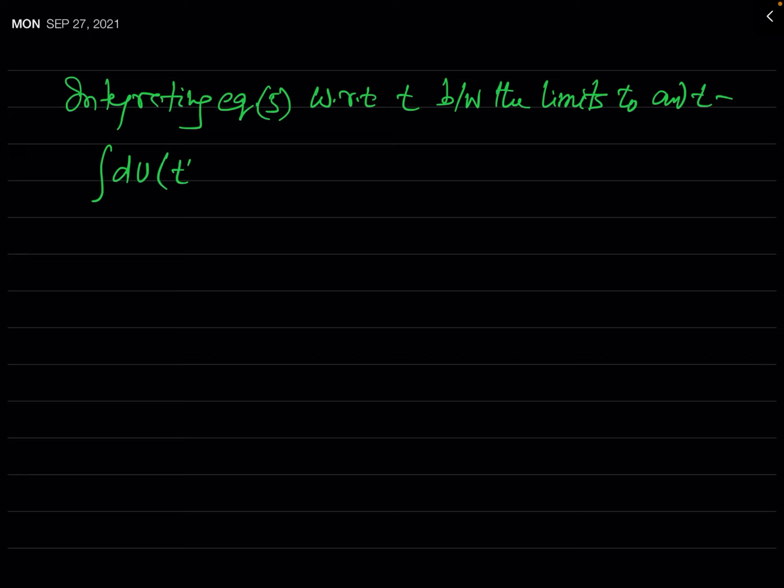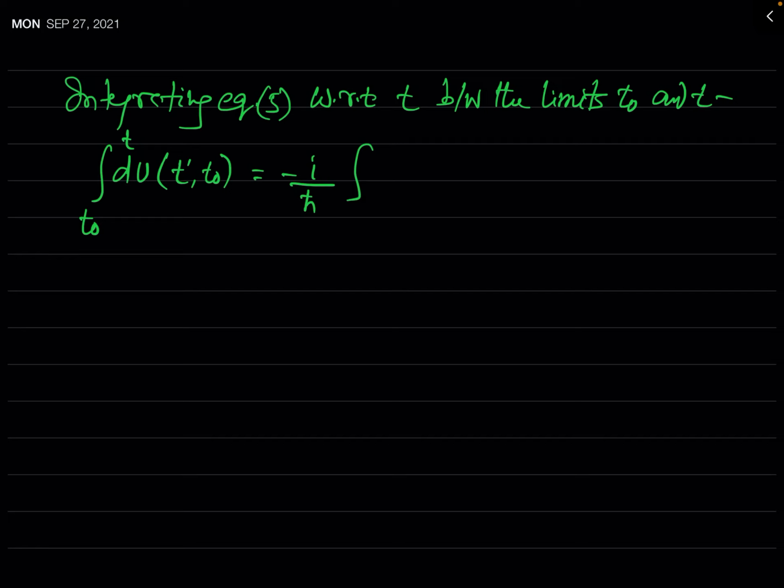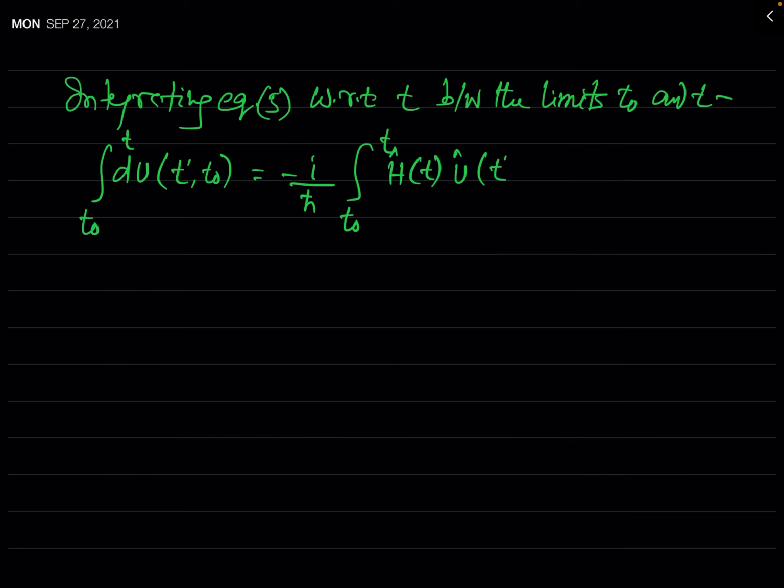You can write t, but it will be more convenient to write t prime, because now t is one of the limits, and limits are t naught and t, and this is equal to minus i over h bar integral t naught to t, h hat of t, u hat of t prime comma t naught, dt prime.